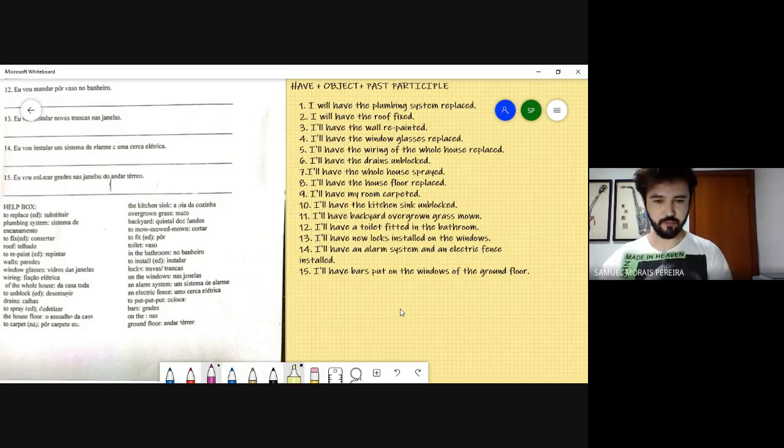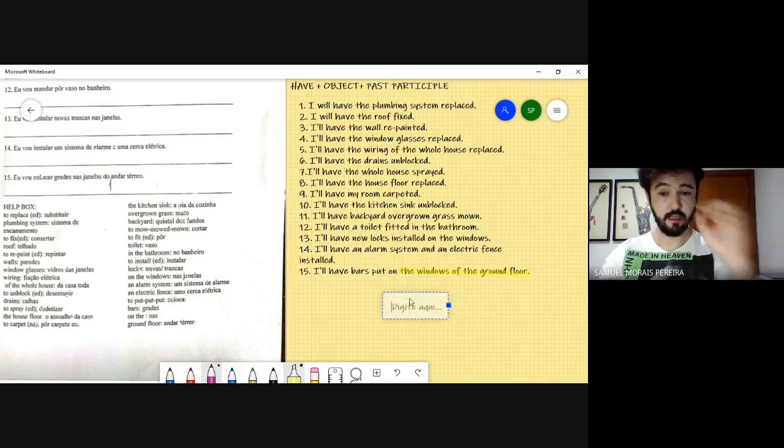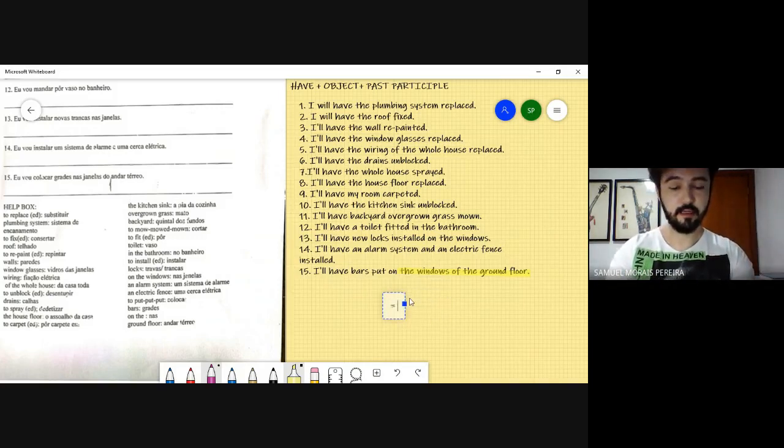The construction I'm gonna talk about is this one here, the windows of the ground floor. It's also possible to say the same thing like this. Olha, on the ground floor windows.